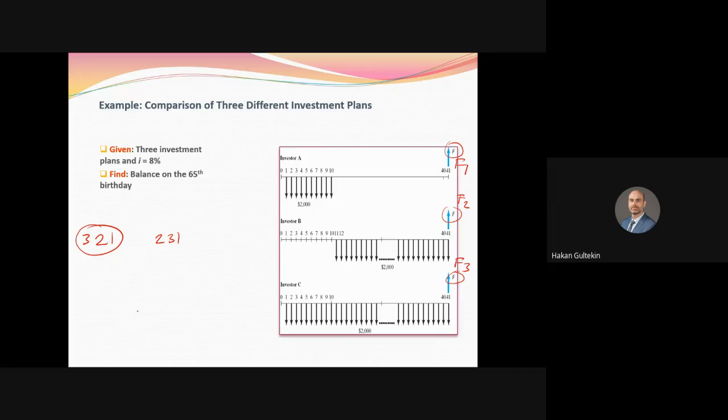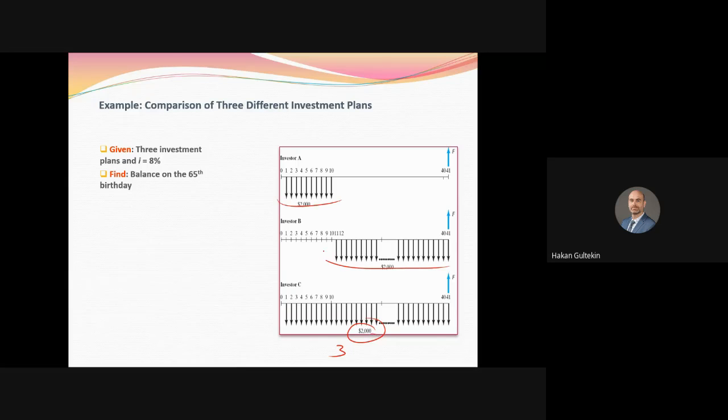3 is the largest, 2 is the second, and 1 is the last. Only one of you said 2, 3, 1: 2 is the largest, then 3, then 1. But when we compare these three alternatives, for sure, 3 is the largest one, because 3 includes the first one plus the second one.